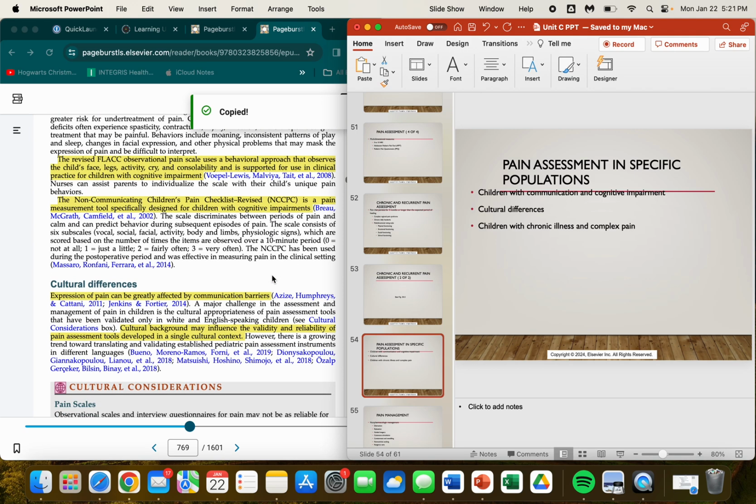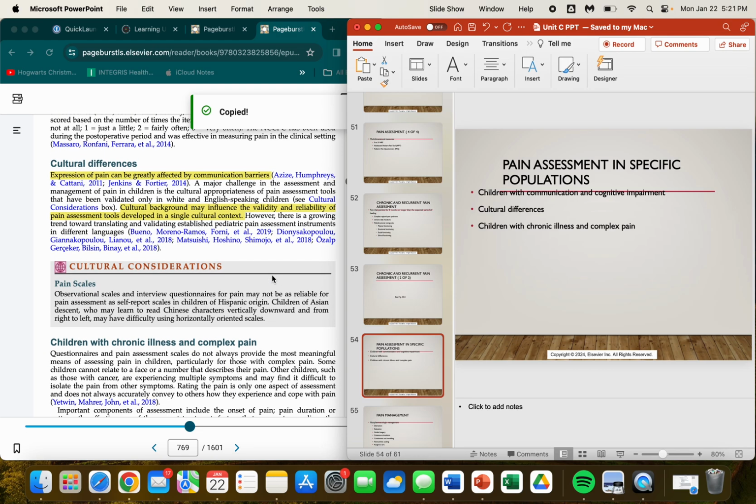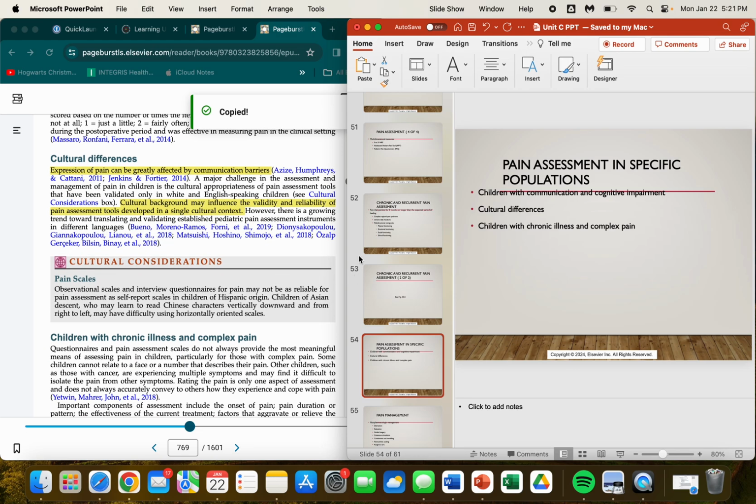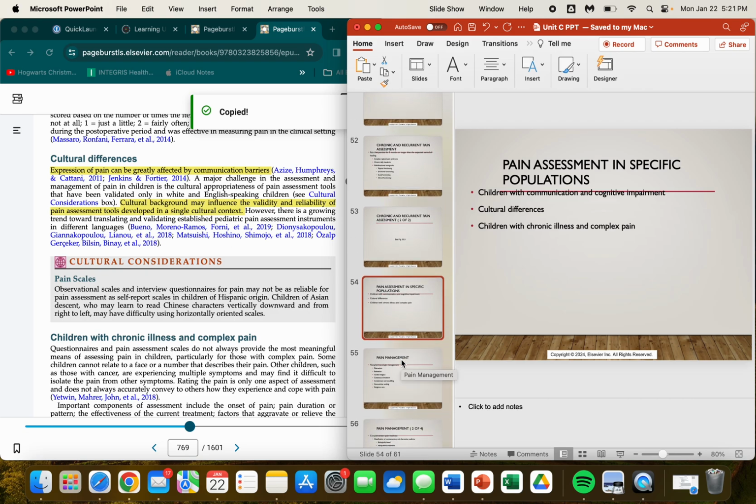When we talk about cultural differences, expression of pain can be affected by communication barriers, especially, again, we talked about the use of an interpreter and how we would want to assess pain. Their cultural background may also play a role in how they perceive or express pain.